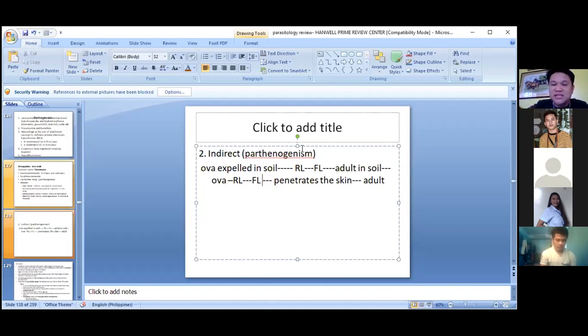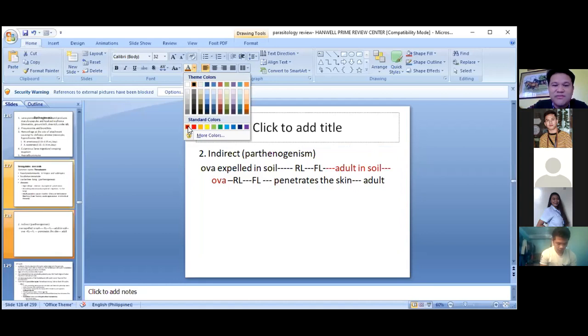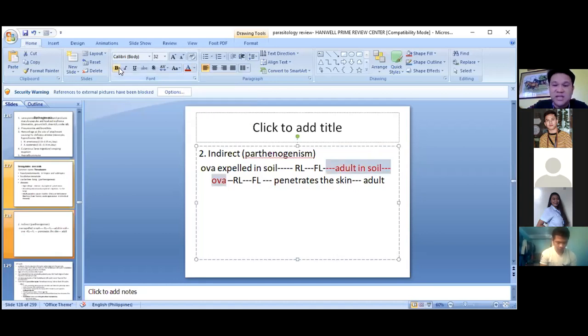My dear students, where is parthenogenesis here? This one. The adults that lay ova in the soil exactly is what we are referring to as your parthenogenesis. Intindihan? Filariform larva in soil becomes adult. Adult will fertilize their own ova without the male. The ova, because it's fertilized, will hatch again in the soil.